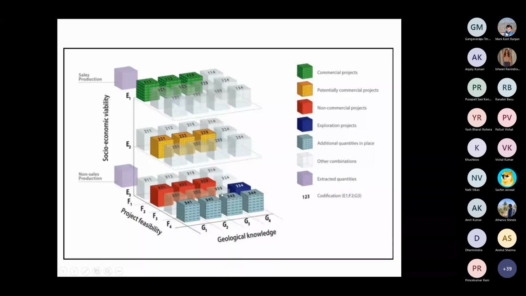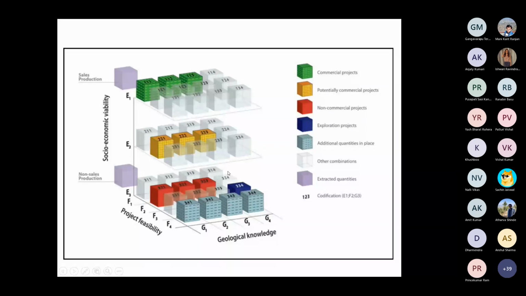And if you look at the red blocks, non-commercial. That means primarily it is not attractive because 3, 3, and 3. They start with 3, 3, and 3. Not only that, increasingly, they are having decreased geological assurance, towards 4. That means we can have the highest value 111, and in this system 334 is the worst category that we can report.